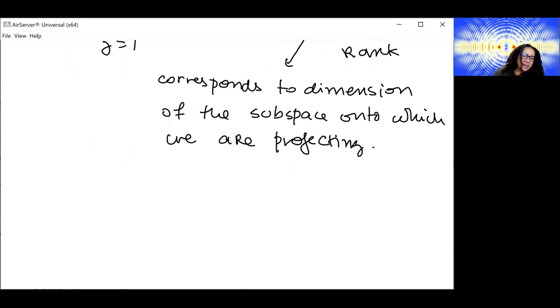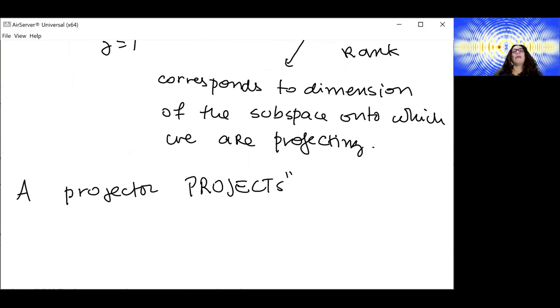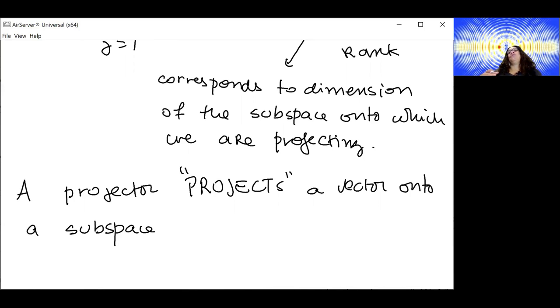And as the name says, a projector projects a vector onto a subspace. And how does it do that? Well, what happens is it's going to remove the components of the vector which cause it to lie outside the subspace.